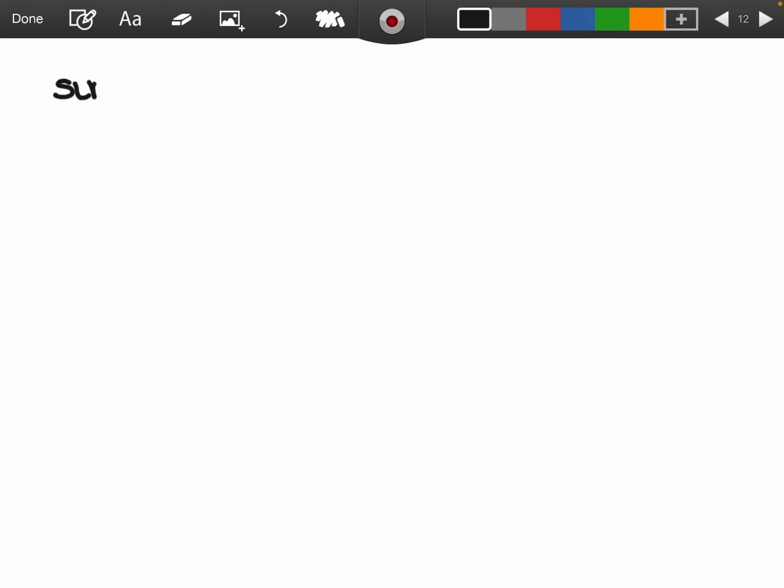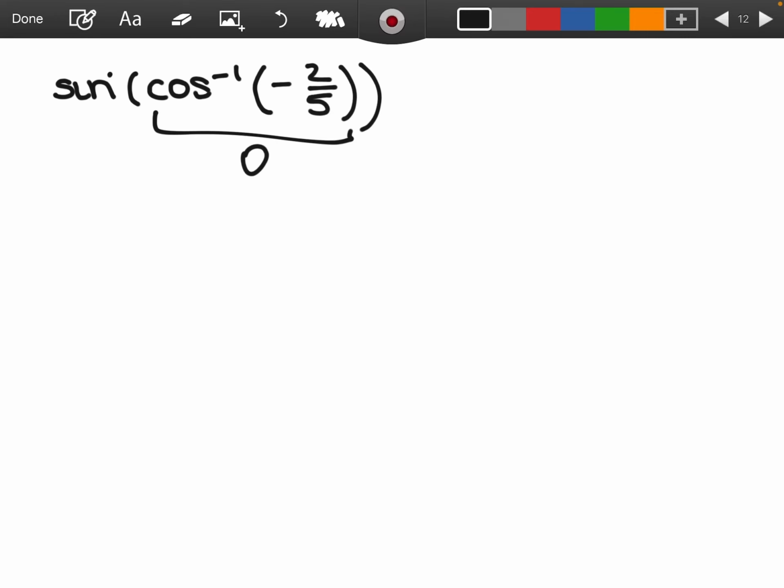So let's say I've got sine of cosine inverse of -2/5. Again, I set this inside part equal to theta, so cosine of theta is equal to -2/5.